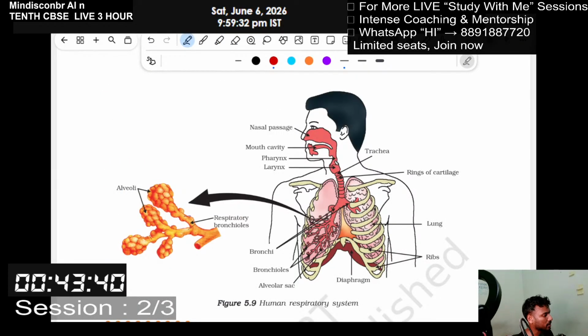So in the figure you can see the human respiratory system. Here nasal passage is there, and trachea. Trachea is also known as windpipe.